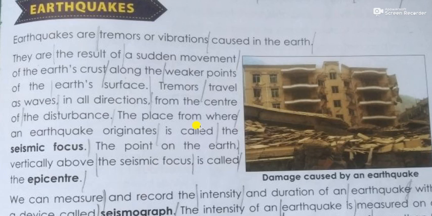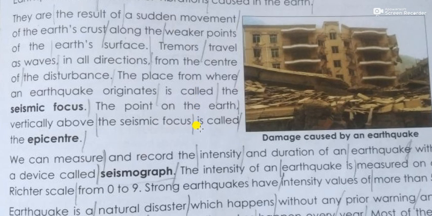The area from where the vibration starts is called the seismic focus, and the point on the earth vertically above the seismic focus is called the epicenter, meaning straight above. This vibration takes place under the earth's surface, so from that center point, vertically straight up, that area is called the epicenter.